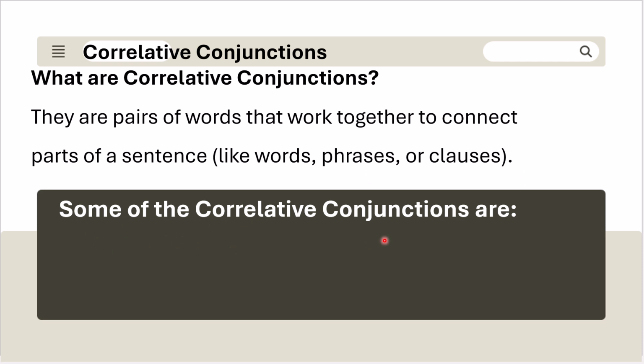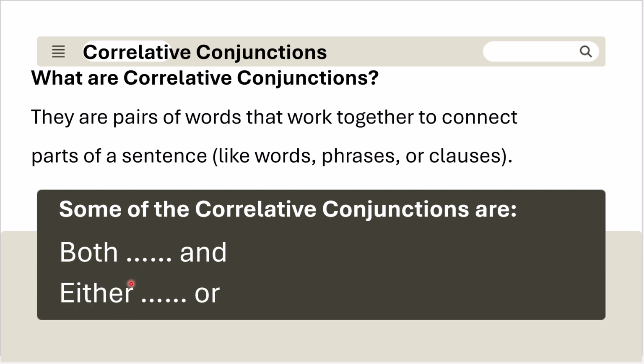Some of the correlative conjunctions are both and, either or. You can also pronounce it either or. Both ways are correct. Neither nor, or you can also pronounce it neither nor.